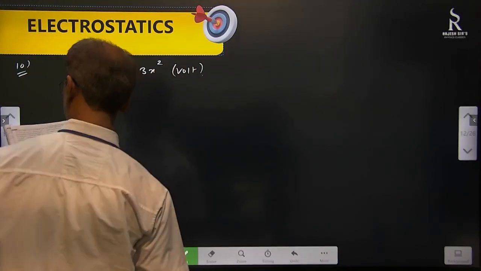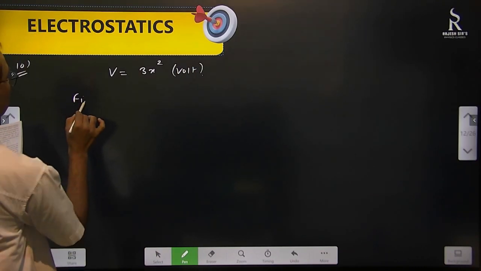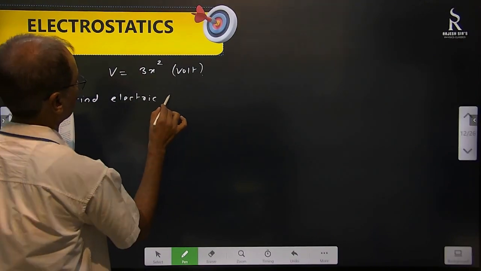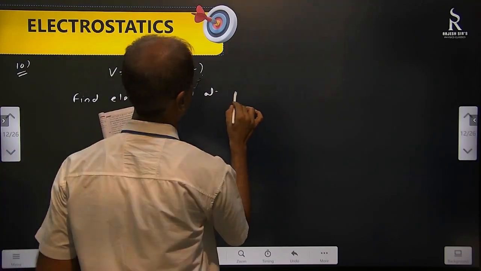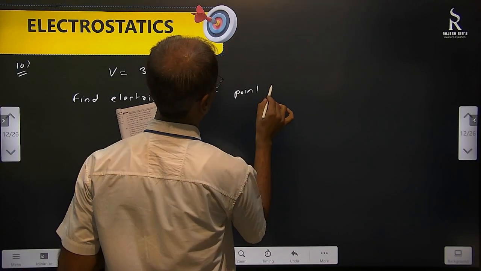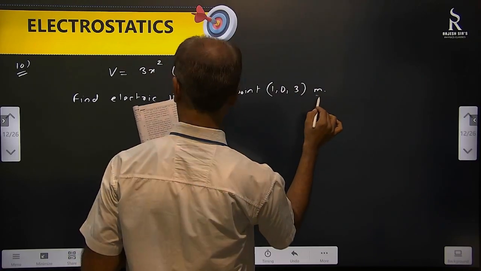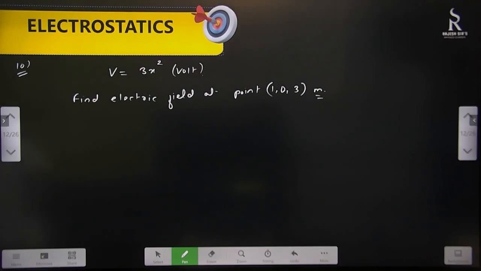He is asking electric field at point 1, 0, 3 meter. This is the question for us.